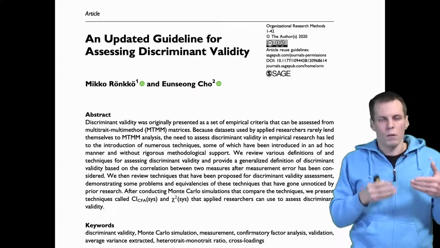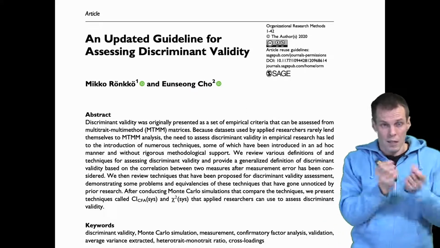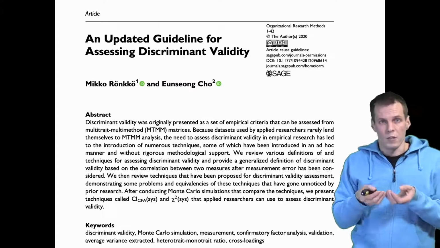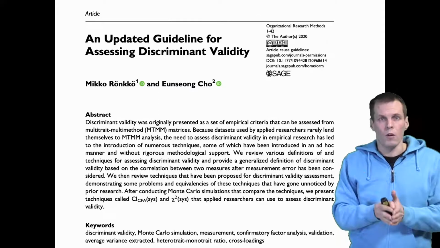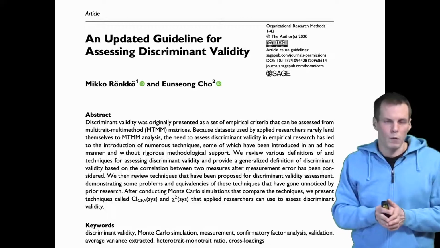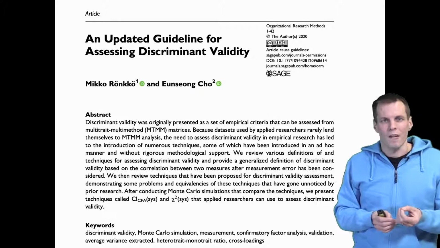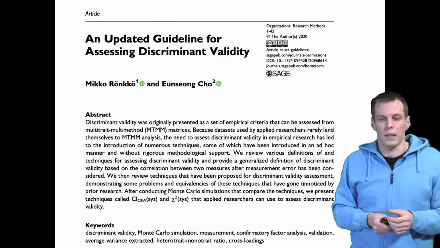We go through the history of the concept and how it's currently applied, and then we synthesize the current understanding and current meaning that researchers attach to this concept as a definition. And then we go through all the statistics that we could find, or most of them, and test how well those statistics are able to assess the concept that we present.